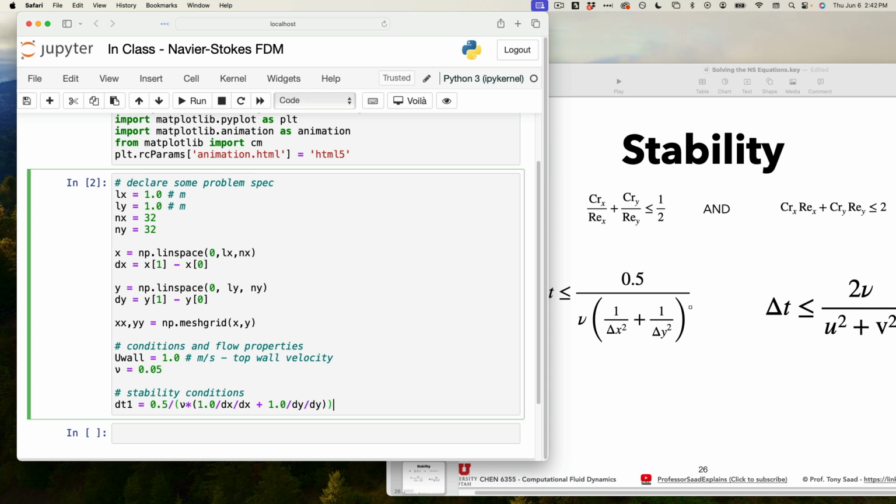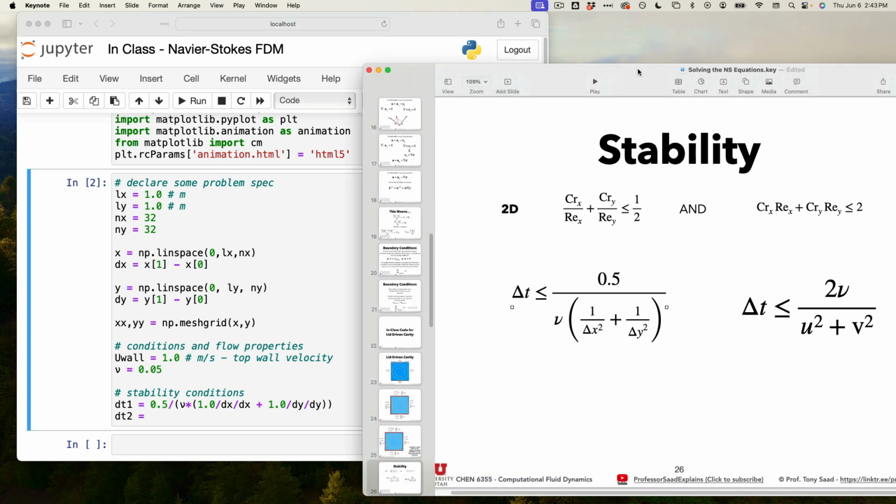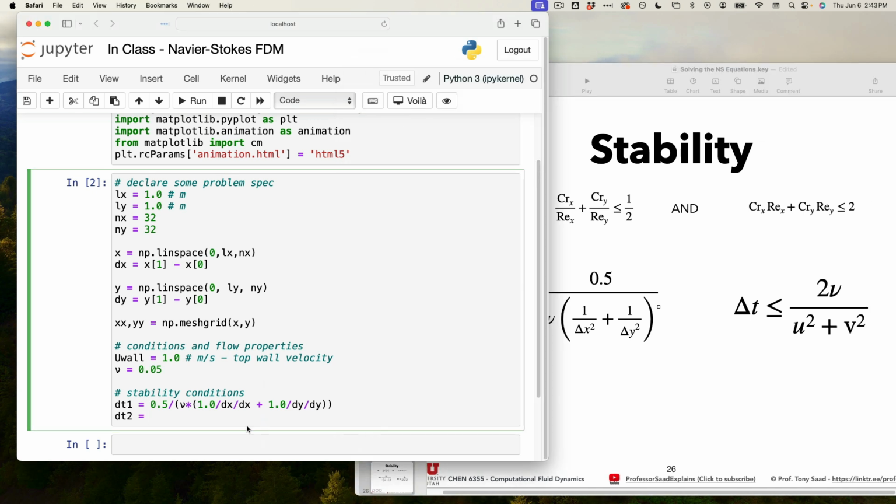Okay, make sure you don't mess up the parentheses here. Okay, so that's my rule 1. And rule 2 was 2 nu over u squared plus v squared.